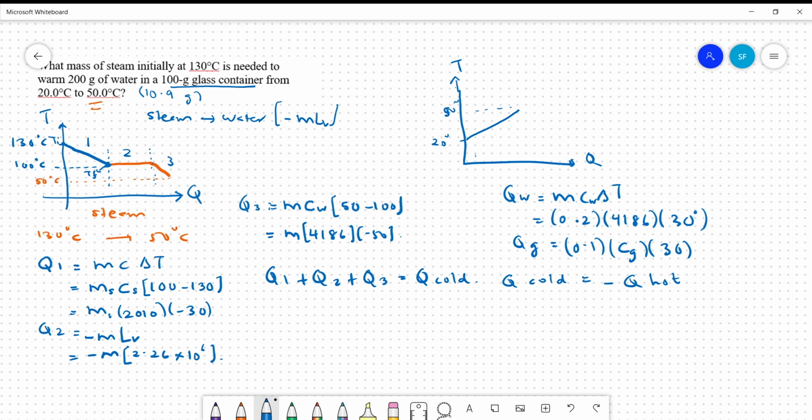The steam is the hot one, because it comes from a hot temperature, and the water and glass are cool. So we have Q water plus the energy from the glass equals negative Q1 plus Q2 plus Q3. Substitute all the values and finally you get the value of m, the mass of the steam, that is 10.9 gram.